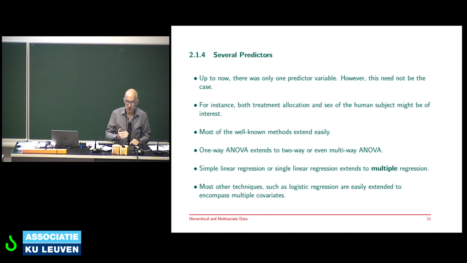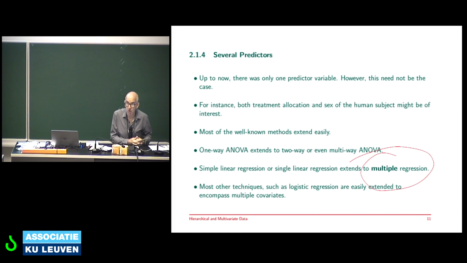Because age and gender as covariates, the next question may be, yeah, but what about the interaction between age and gender? There can be an interaction indeed. So if you have 2 covariates, maybe or maybe not with interactions, or 3 or more covariates, we are talking about multiple regression, for example.